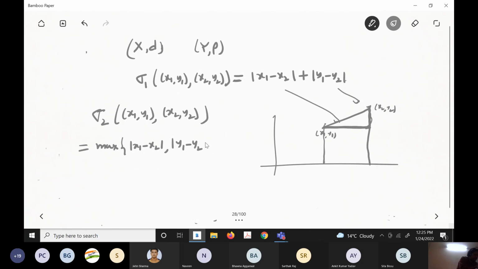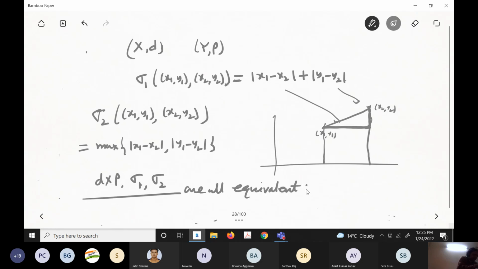This will also be a metric, and you can check that d cross rho, sigma 1, sigma 2 are all equivalent metrics. This you can extend to any finitely many equivalent metrics on X cross Y, so that they give you the same product topology on X cross Y.